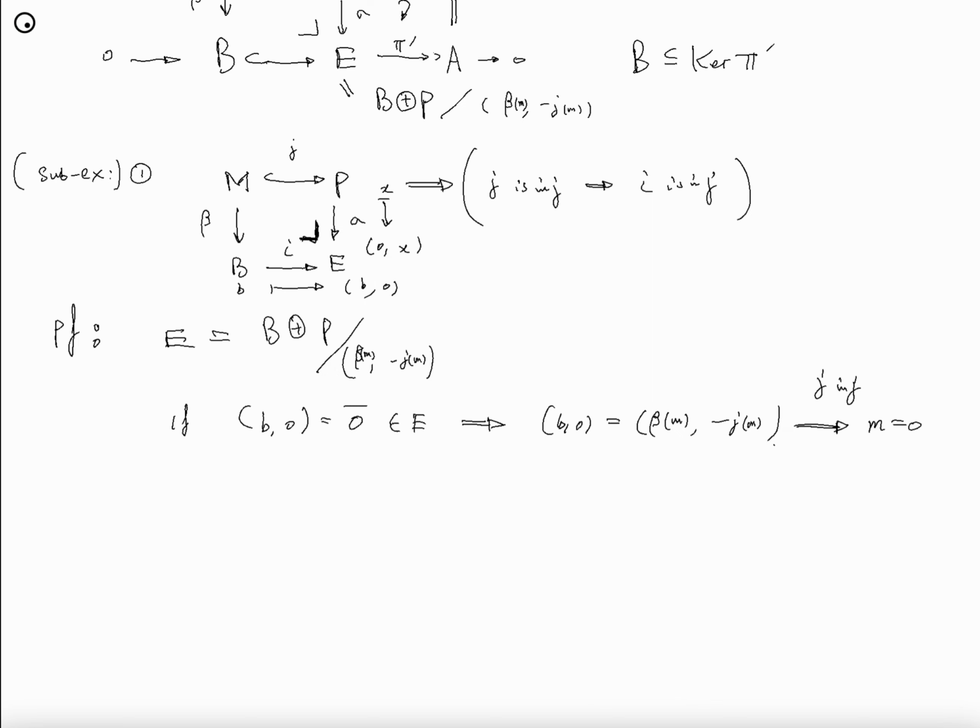So M is 0, and so this implies B equals beta of M equals beta of 0, which is 0. So this is injective. One could prove the surjective correspondingly.